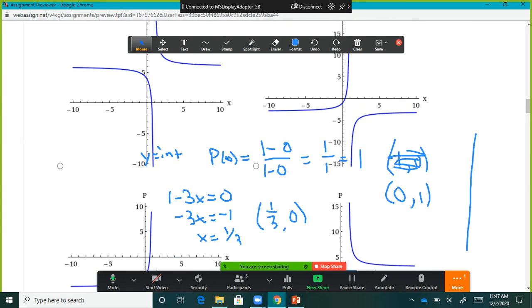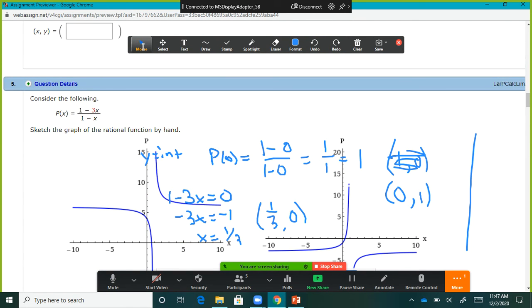Horizontal asymptote, the degree, right? The degree is the same. It's a degree 1 over a degree 1, which means you take the coefficients of the lead coefficient, which these aren't in proper order. The lead coefficient is with the x. So this horizontal asymptote is going to be -3 over -1, which means there is a horizontal asymptote at what?